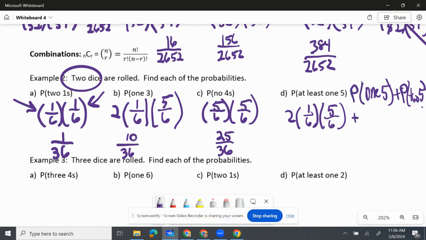Then the probability of 2 fives would be 1 6 times 1 6. So that would be 10 over 36 plus 1 over 36, which of course would be 11 out of 36.